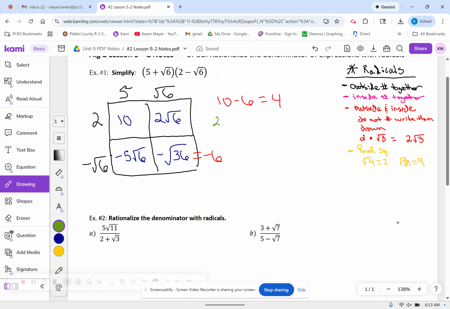So I'm going to take 2 square root of 6 minus 5 square root of 6. So your outside number, 2 minus 5, is -3, and then keep square root of 6 attached. So then my final answer is 4 minus 3 square root of 6. And it's preferred that you write your plain number first and then your radical second. And you're done.